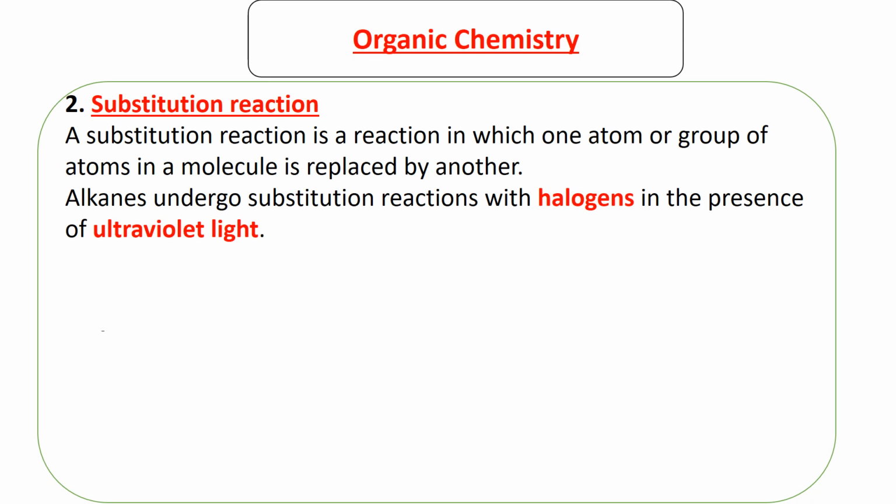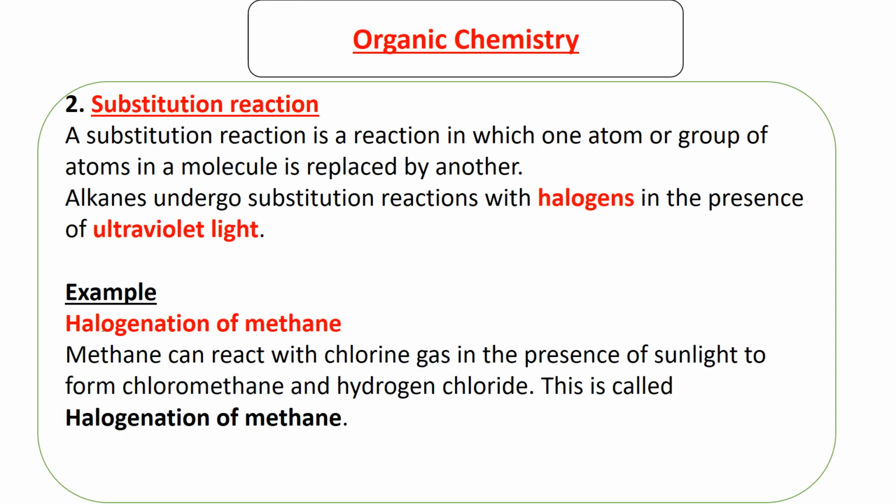Whenever you have an alkane and a halogen, a group 7 element such as chlorine, fluorine, bromine, in the presence of ultraviolet light, a substitution reaction occurs. Here's an example. The example is where methane is involved and the process is called halogenation of methane.